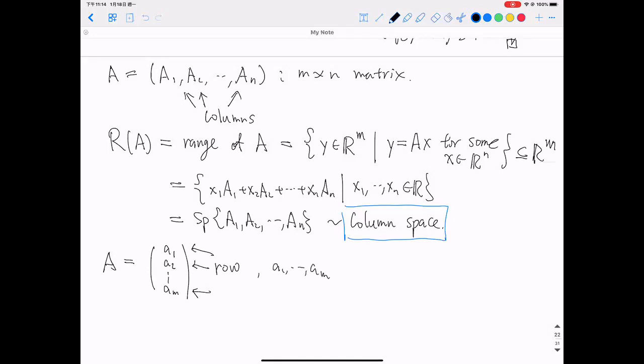Before we do that, let's keep in mind that these rows are vectors in Rn.